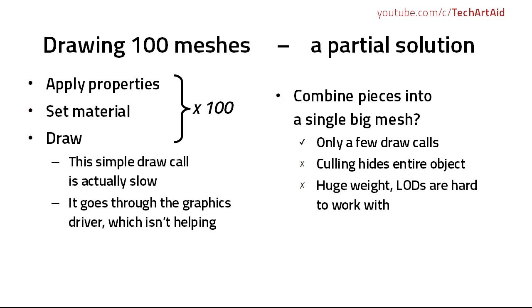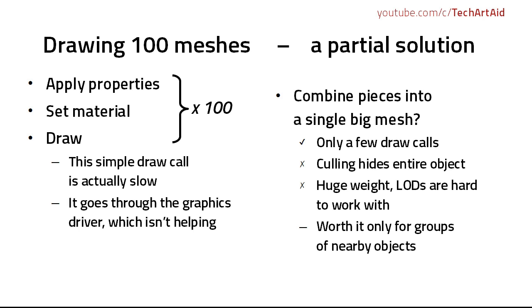It will hide the entire object at once. And the weight of the meshes in terms of disk space is really huge. Basically, you have to store this whole information about the copies in a single mesh, and you can imagine that level of detail is really hard to work with. So yes, it's often worth it, but only for groups of nearby objects.